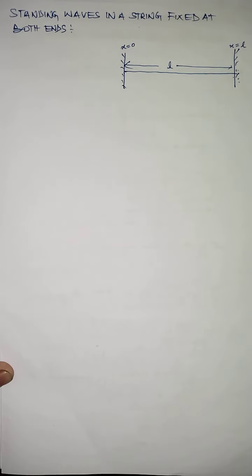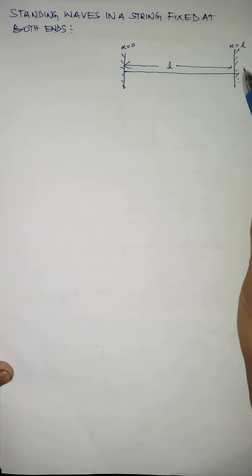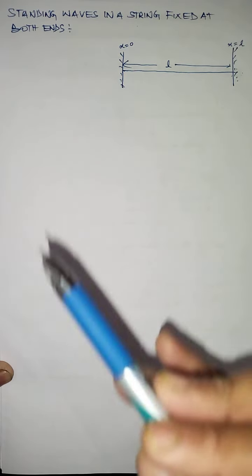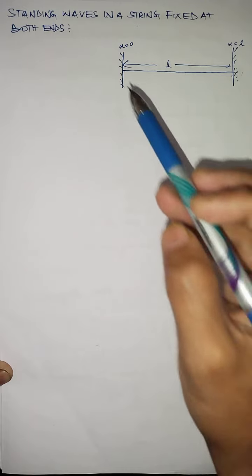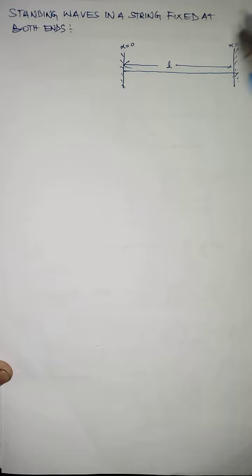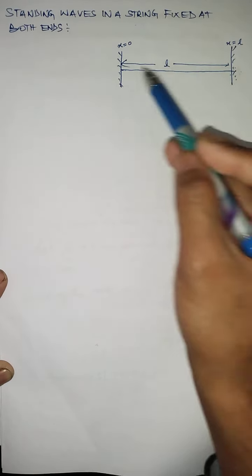Now this string is stretched by a certain tension between two fixed points. These are the rigid supports, one end at x equals 0 and the other end at x equals L. Now, when the string is not in vibration, it remains in the mean position.